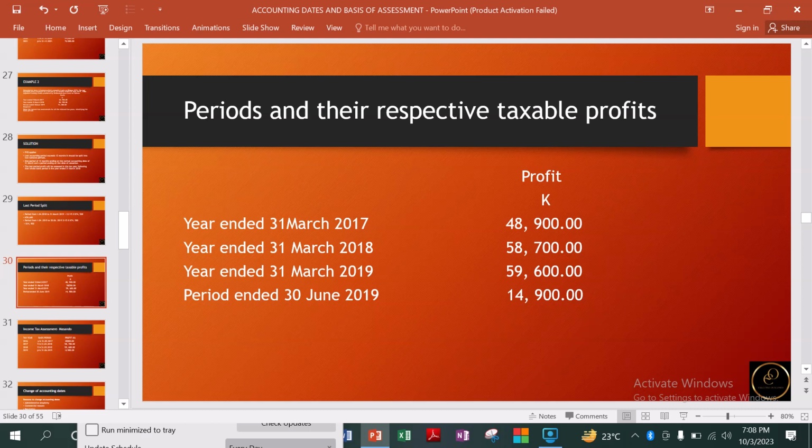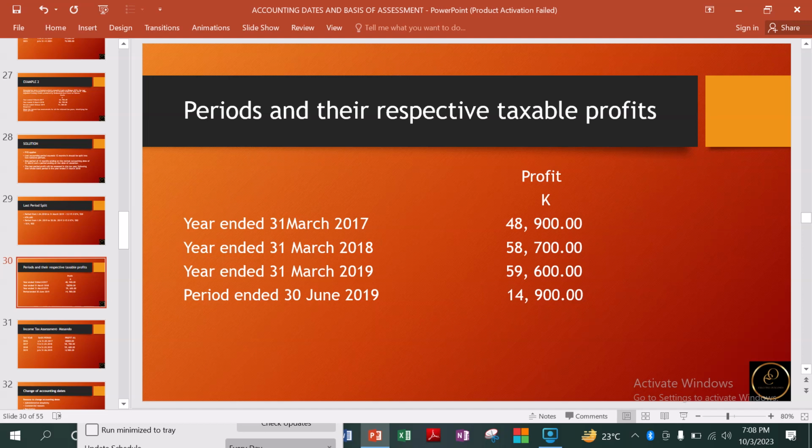This 59 will be assessed in the tax year 2018. Then the last one is assessed in the tax year following the previous assessment tax year, which is going to be 2019. Since 59,000 using preceding year basis will be assessed in 2018, the last one will be assessed in 2019.